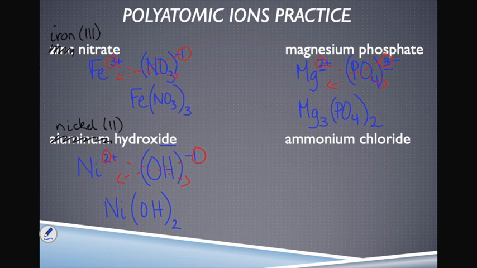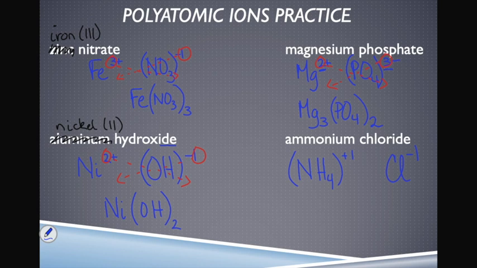It's a polyatomic. So we look in the table of polyatomics and we see that ammonium as a cation has a formula of NH4 and that has a +1 charge. Chloride is chlorine with, when it forms an ion, a 1- charge.